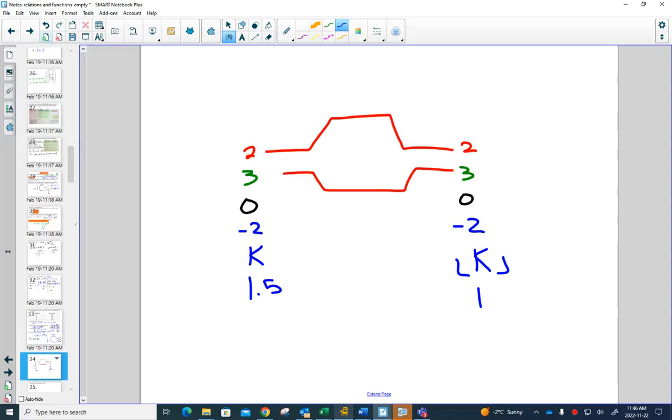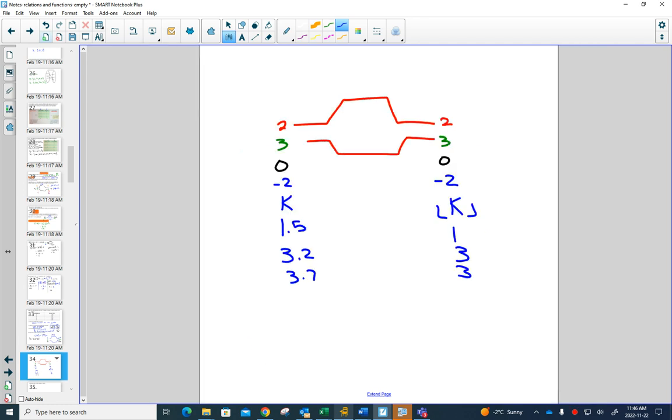It gets rid of all decimals. So try something else to check that. 3.3. 3.2. 3.7. So it gets rid of all decimals. Give me a negative number. Negative 1. 0.5.